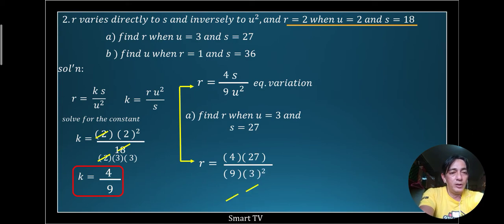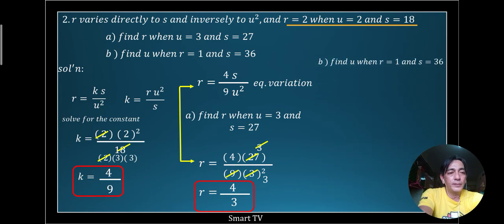Okay, makikita nyo dito, 27 can be divided by 9, that will be 3. Meron kang 3 squared sa denominator, so parang 3 times 3 lang yon. Ibig sabihin, makakancel ko yung isang 3. So, 3 na lang matitira sa denominator. And R now will be 4 thirds. Okay, so ganun lang yan. Ganun lang kadali. Okay, so be patient.